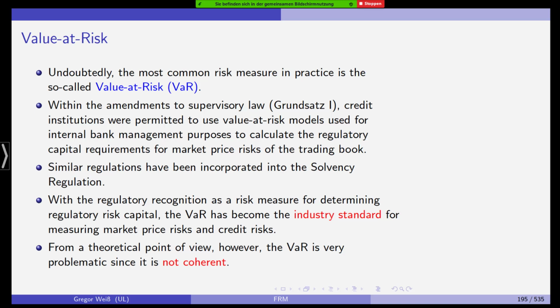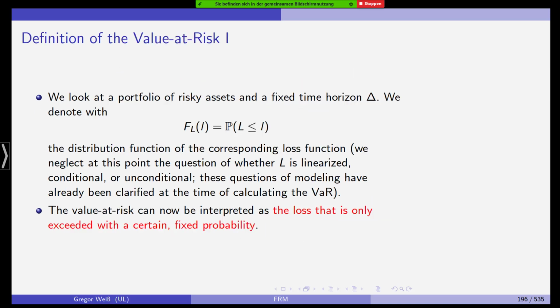However, and this is now interesting, after 1999, so basically 10 years after banks started to use value at risk, mathematicians looked at value at risk and saw that it can be problematic because it is not always coherent. It's not a coherent risk measure.